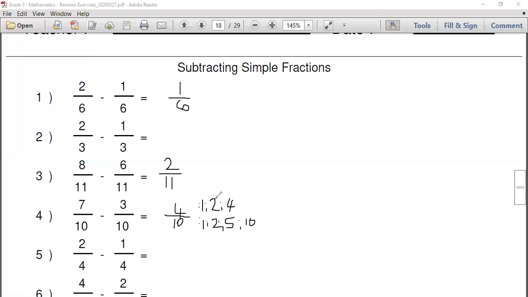Now, if you compare these 7 numbers, which 2 numbers are the same? 2 and 2. Okay, so these are the same, meaning that 2 is the highest common factor of 4 and 10. So we're going to say 4 divided by 2, and 10 divided by 2.